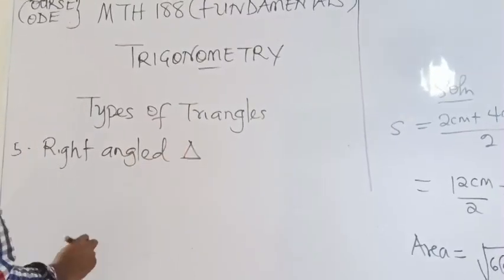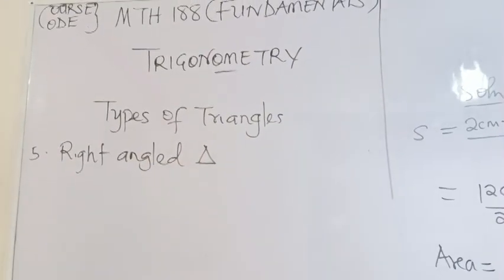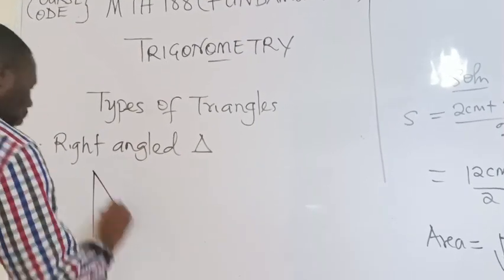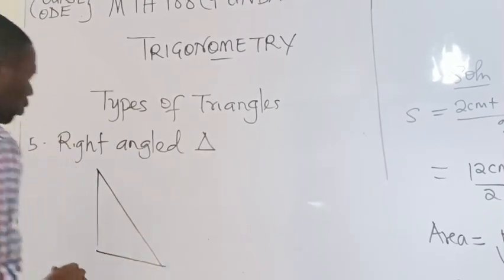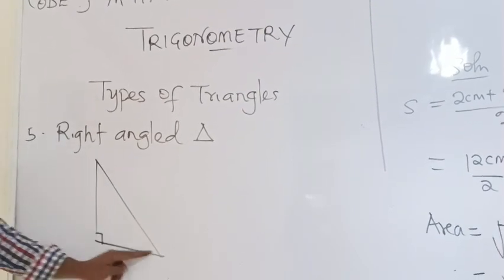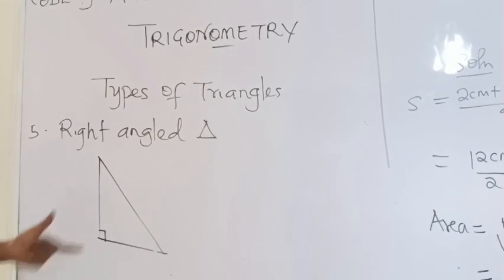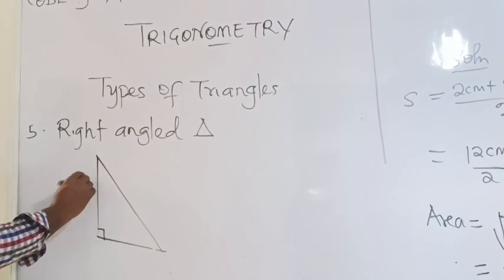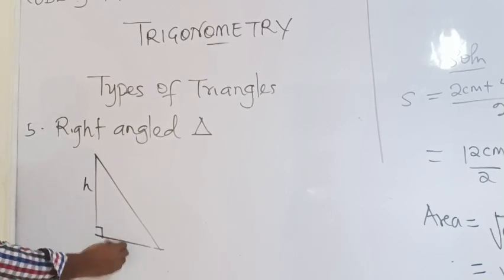It's just a triangle one of whose angles is exactly 90 degrees. So you have something like so. This is a right angle triangle. So the angle between this vertical and horizontal line is exactly 90, while the two other angles are acute angles. So you are free to imagine this to be the side H. This is side B.